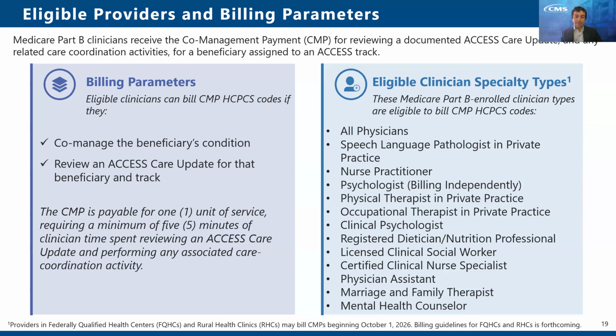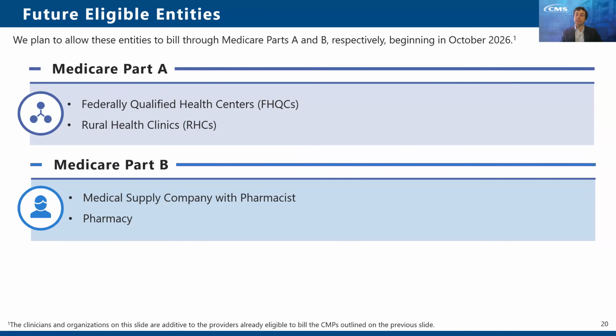We plan to allow the following entities to bill through Medicare Parts A and B beginning in October of 2026. These entities include federally qualified health centers, or FQHCs, and rural health clinics, or RHCs, who would be eligible to bill through Medicare Part A, as well as pharmacies and medical supply companies with pharmacists who would be eligible to bill through Medicare Part B.